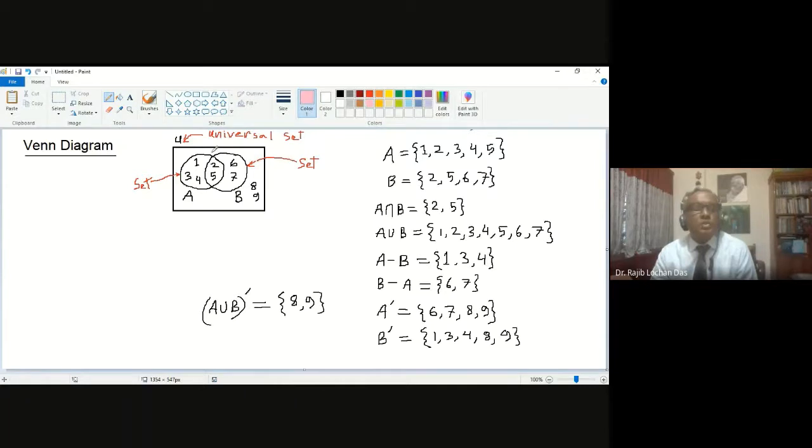Because this will be outside of A union B. A union B is the white area, and outside of that you have only 8 and 9. That's it. Is that clear? Everybody is okay with this?